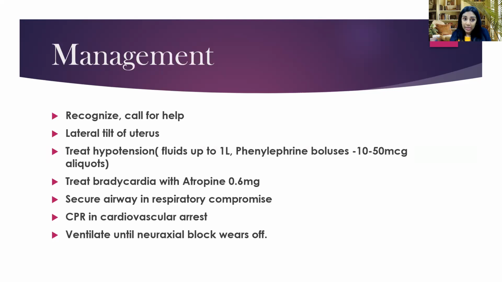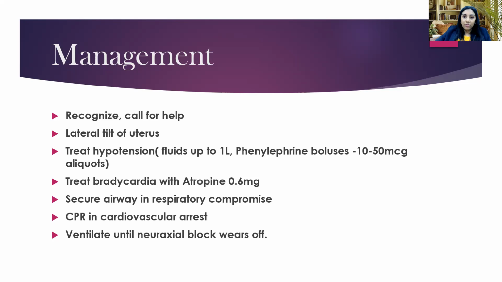Management: recognize that it's a high spinal, call for help. Lateral tilt of the uterus to obtund your aortocaval compression and to also increase your cardiac output. You need to treat the hypotension with fluids, give up to 1 liter, and boluses of your phenylephrine.